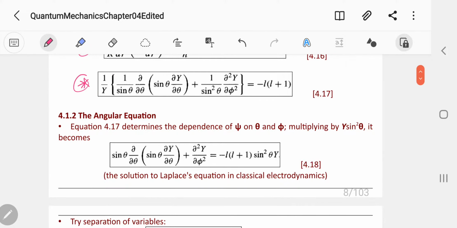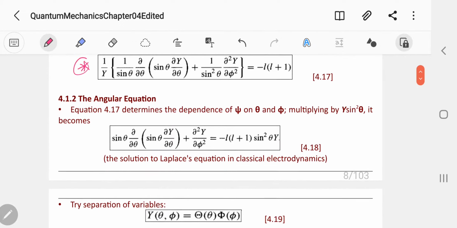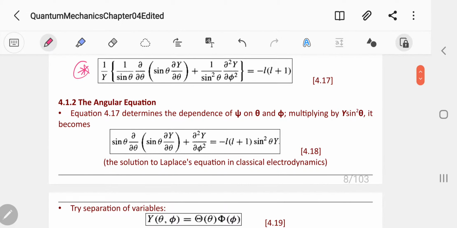So the angular equation is this one here. You can simplify by multiplying by Y sine squared, so this is now the angular equation.